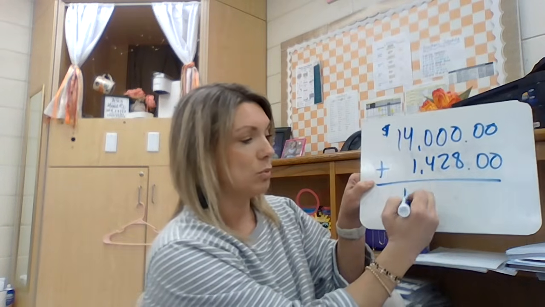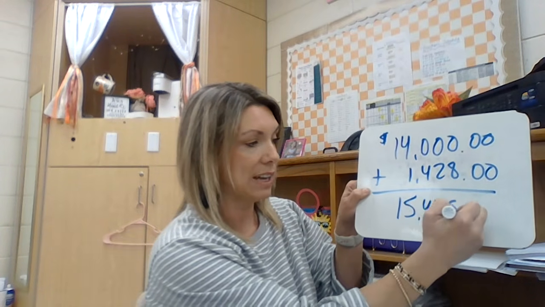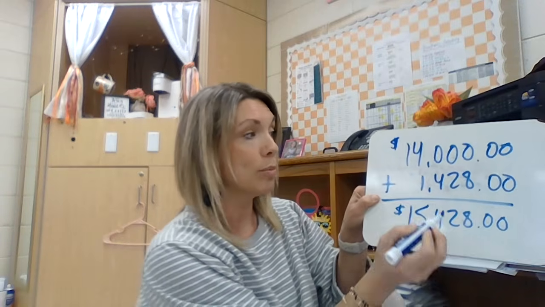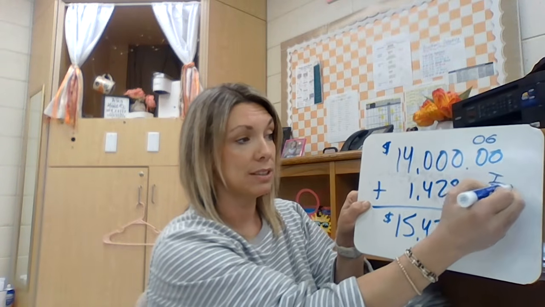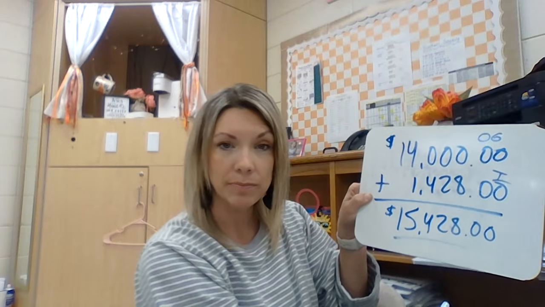And that will be the price that you pay for that car at the end, which would be $15,428. You've got to remember to add the original amount to the interest, and that's the total. Okay, that's simple interest.